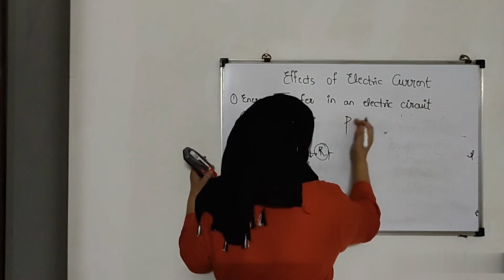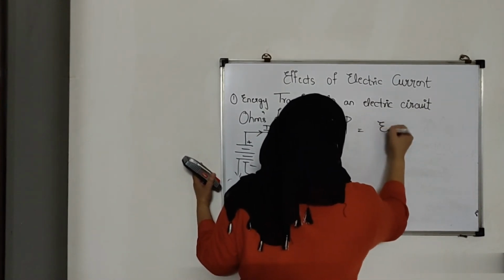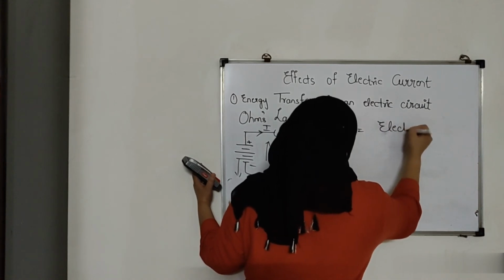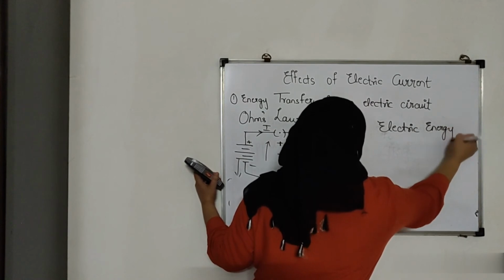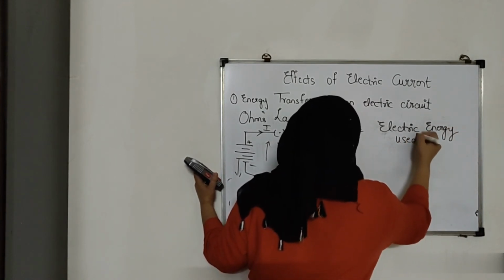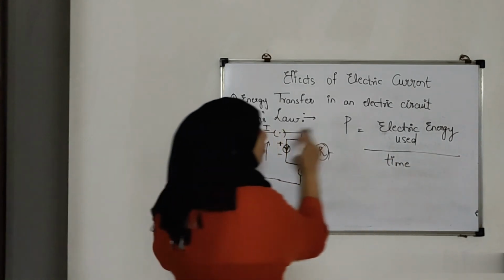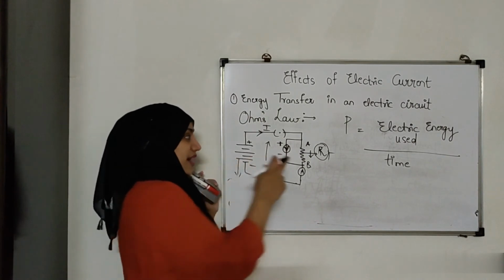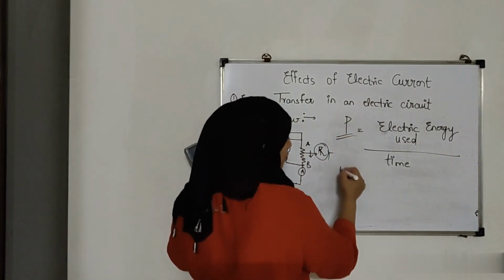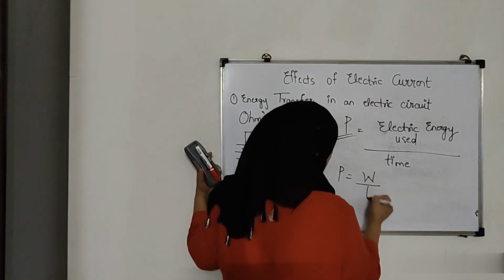See, electric power, I'm going to name it as P, is equal to the electric energy used upon time. That is my electric power consumption, which we do on a daily basis. How are we going to find out our power consumption? P is equal to electric energy used, W, upon time.